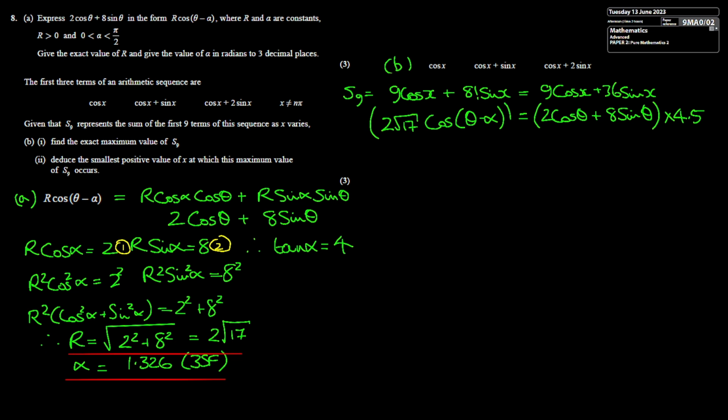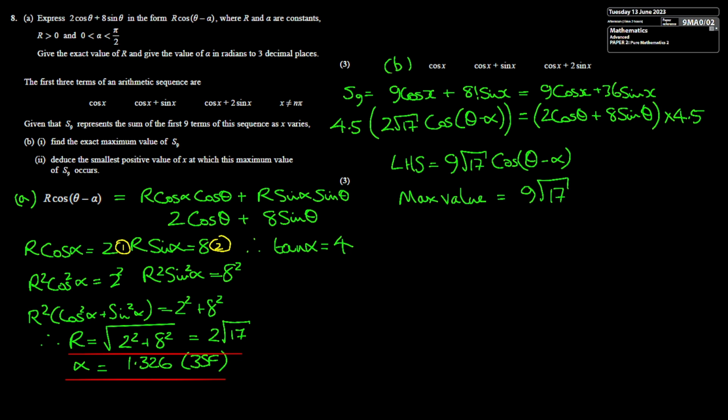So to equate both sides of the equation, I have to multiply this side by 4.5. Now the cosine part of this waveform can only reach a maximum of 1. Doesn't matter what theta or alpha are, this can only get up to 1. So our maximum value is 9 root 17. And that's the answer to part 1 of B.